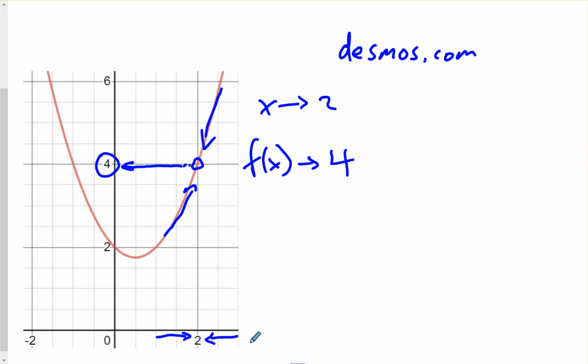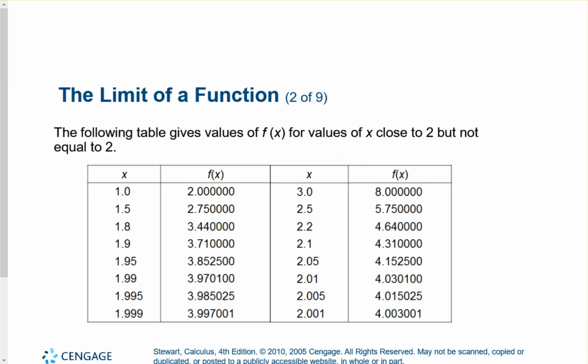From the right, you could put values such as 4, 3, 2.5, 2.25, 2.1, 2.01, and so on. That's what we're seeing here in the table: values starting at 1, 1.5, 1.8, 1.9, all the way up to 1.99.